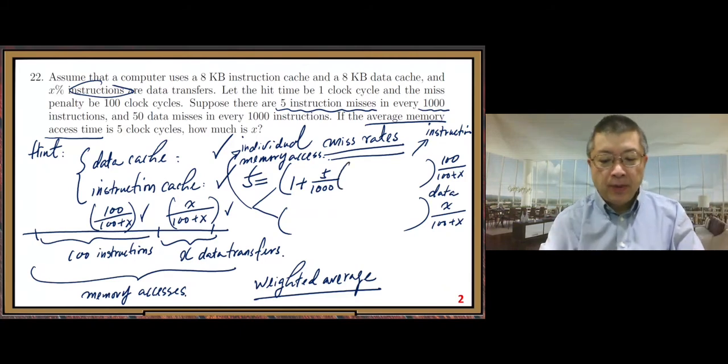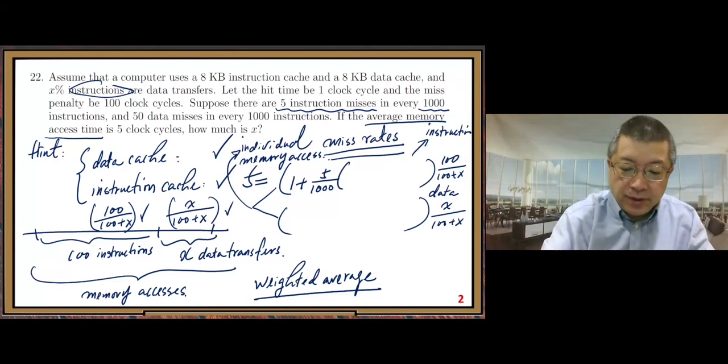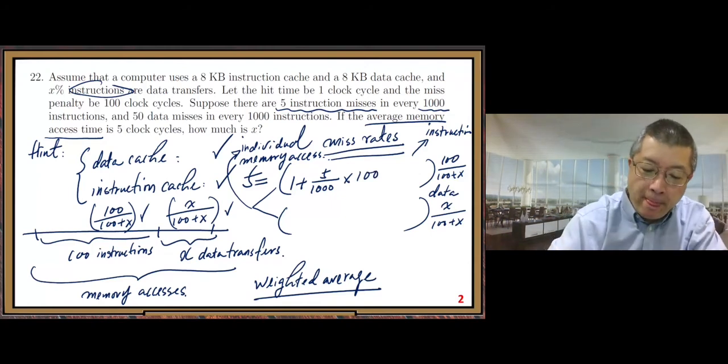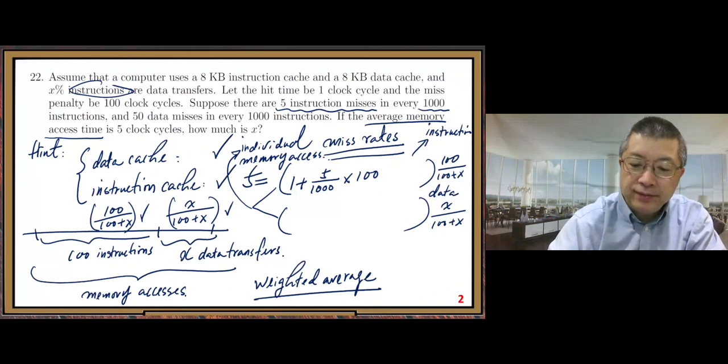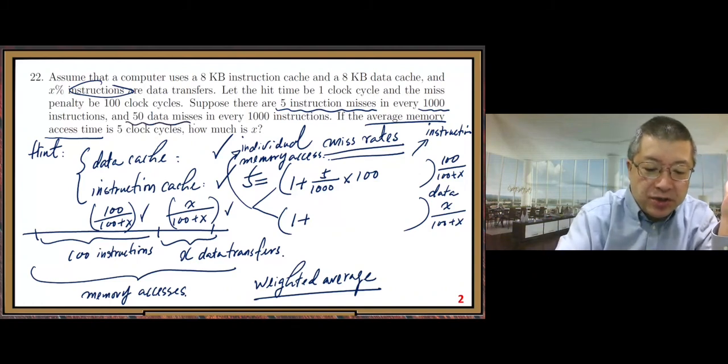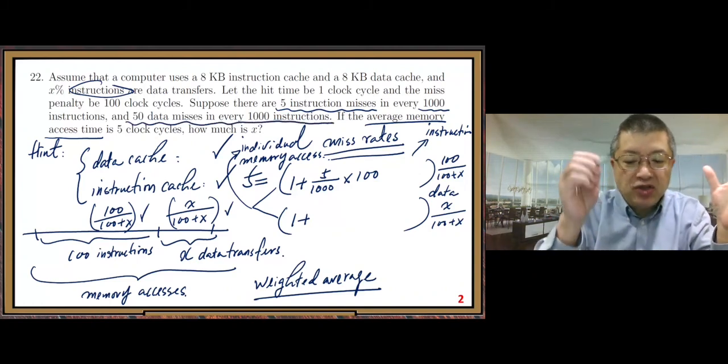Then the miss rate times the miss penalty, 100 clock cycles. Then the data part: the same 1 clock cycle hit time. Data misses are 50 per 1,000 instructions.